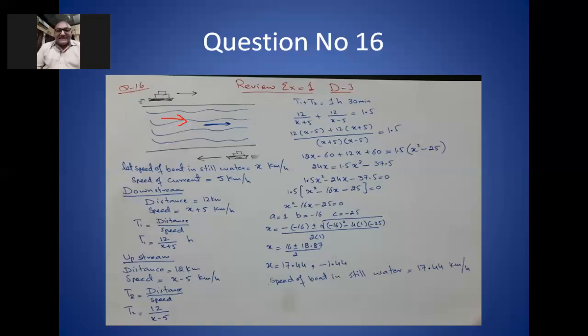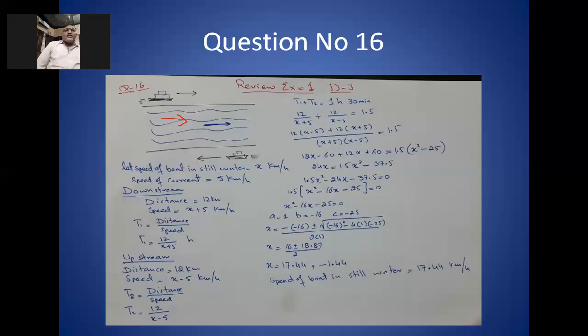So it's a standard quadratic equation. The coefficient of the x square is 1. The coefficient of the x is minus 16. And the constant term here is minus 25. So we will apply the quadratic formula. So x is equals to, I've not written here the quadratic formula, I've directly substituted the values.